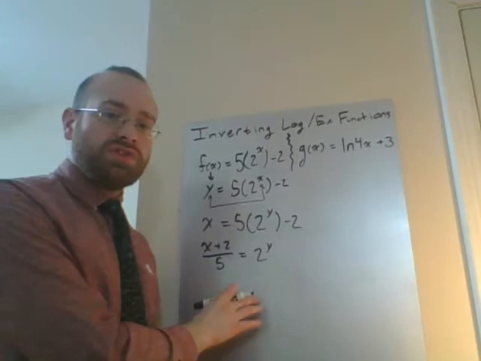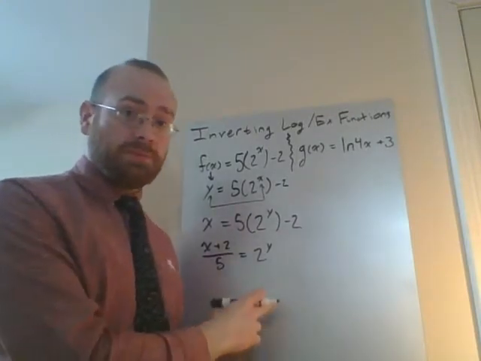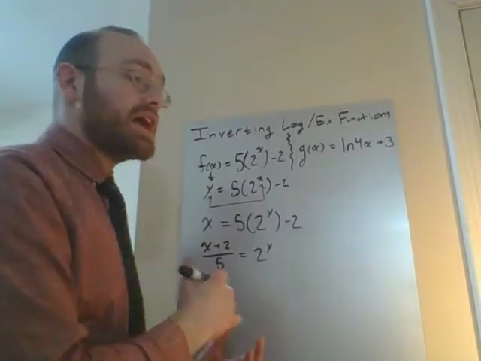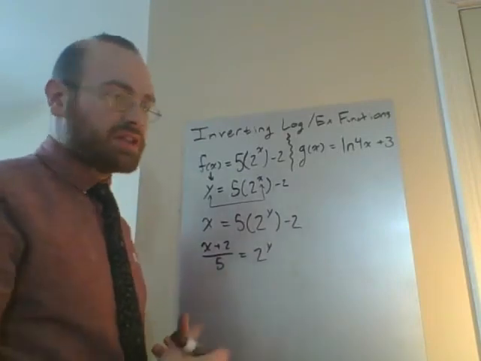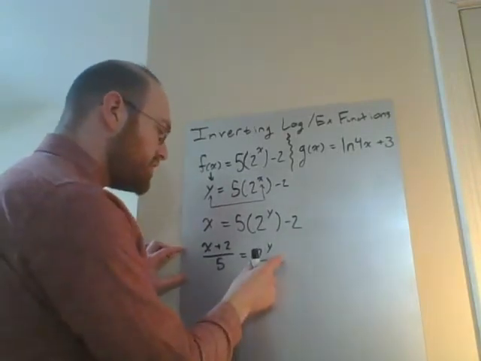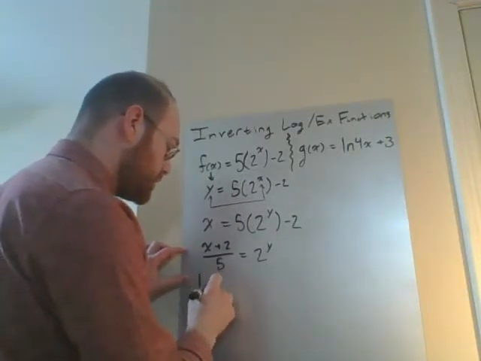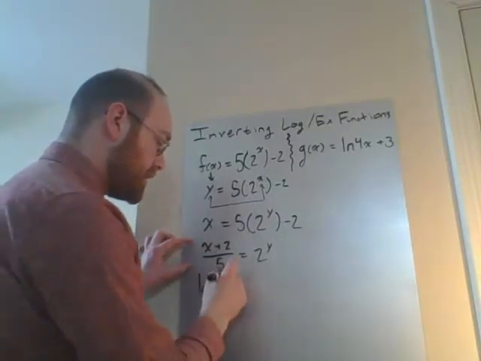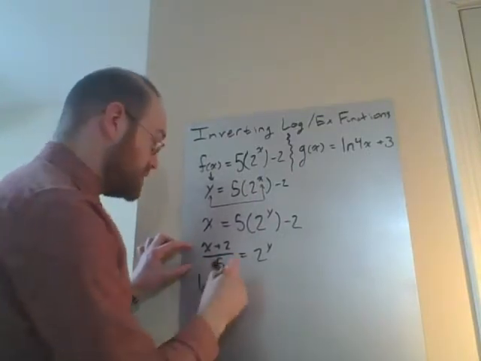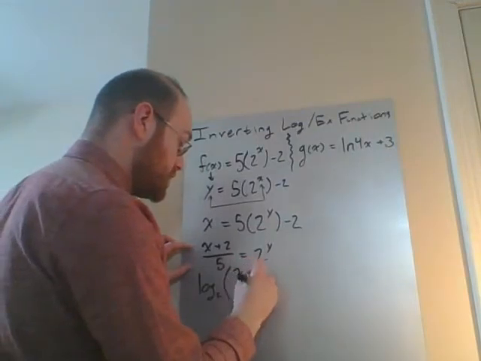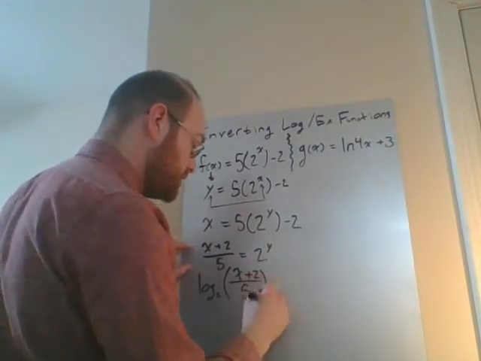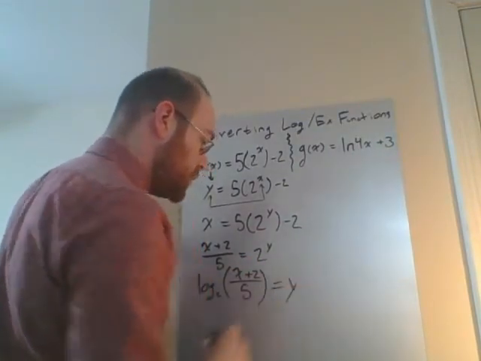And now we convert this to logarithmic form, because we're inverting an exponential equation. So I'm going to have logarithm base 2 of what's on the left side. So that's x plus 2 all divided by 5 is equal to y.